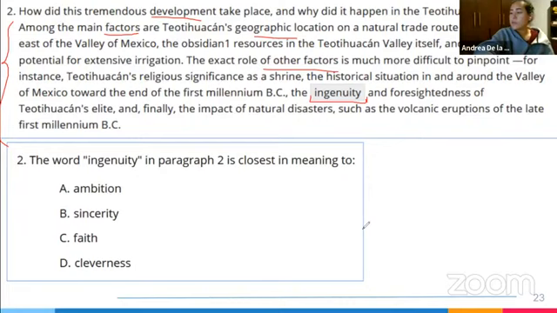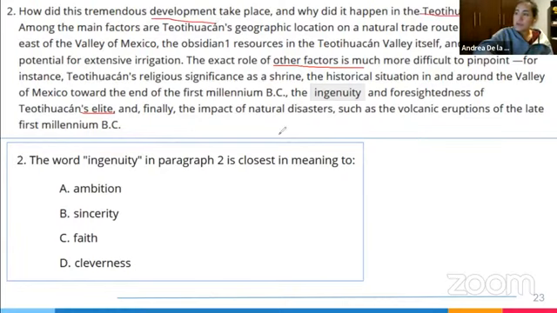Now, this kind of works like a purpose question. If you guys remember a purpose question, you have to ask yourself, what is the purpose of this word in the paragraph? What is that word doing there? In this case, if we see it from context, the ingenuity and foresightedness of Teotihuacan's elite was another factor that influenced or led to the development of Teotihuacan, right?